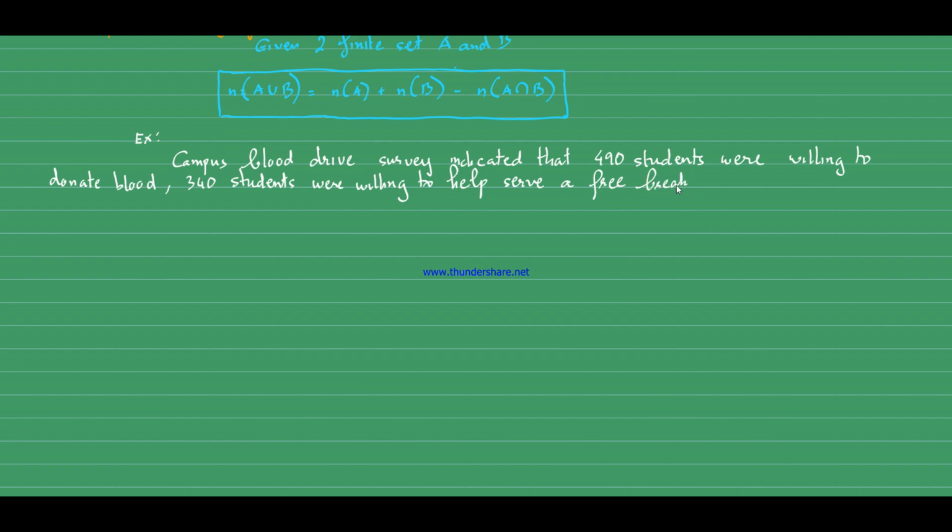You just go ahead and write them down, because when you write them down, you remember. To blood donor, and 100 students were willing to donate blood and serve breakfast.